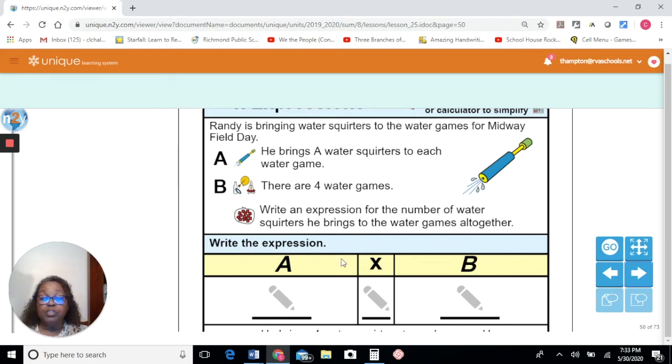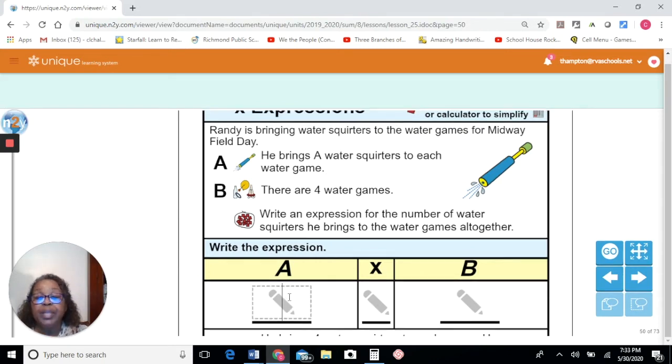So the expression would be what? A times B. That's correct. So we've got the expression. Now we substitute the numbers for the letters. A says that we don't know the number yet, so we have to put A in the first part of the expression.